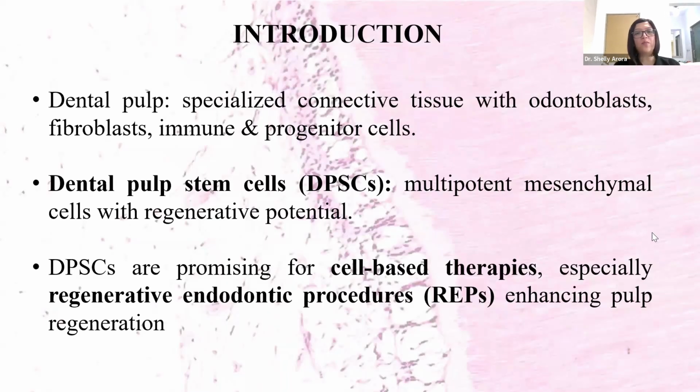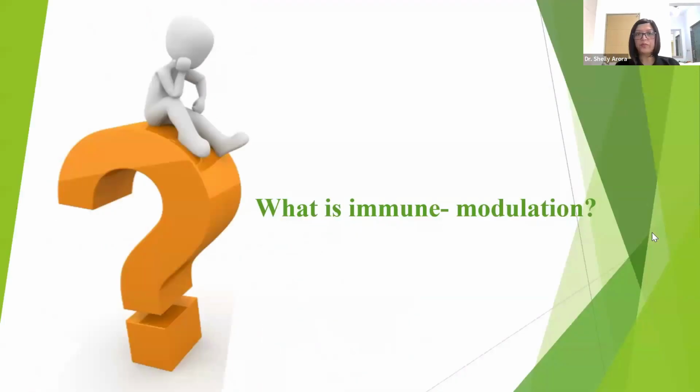These cells are very promising for cell-based therapy, and they help in the repair of the pulp. All this forms a broader heading called regenerative endodontic procedures, which enhance pulp repair, pulp healing, or pulp regeneration.